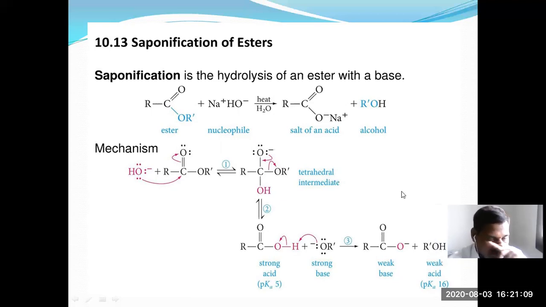So this is the saponification reaction. Esters react with base or alkalis on heating, giving the salt of an acid, and alcohol is formed. This is the saponification reaction.